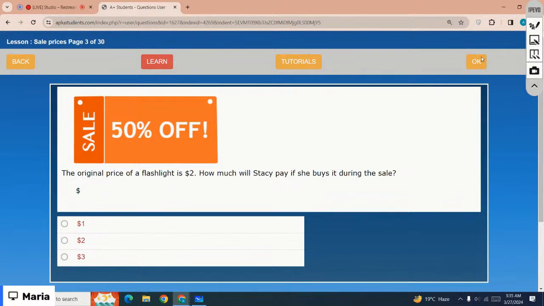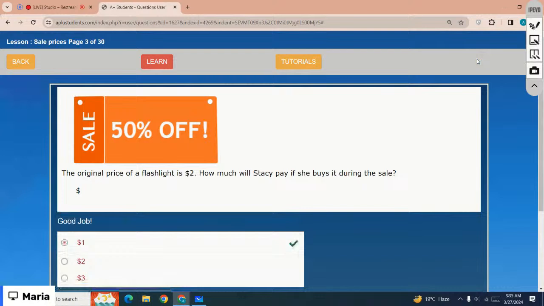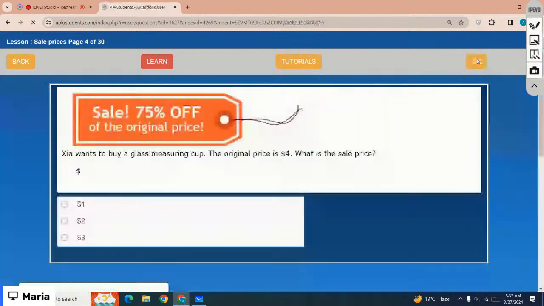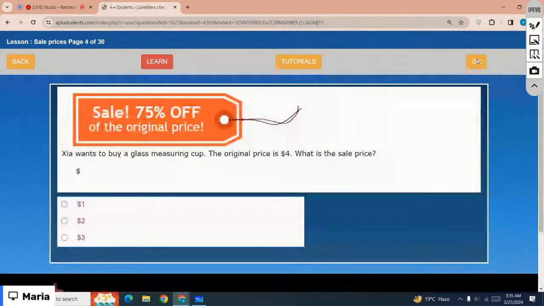You can even think logically, 50% means half. So that would be $1, right? The correct option is $1. Basically 50% means exactly half, so you don't need to do calculations, just halve the value.